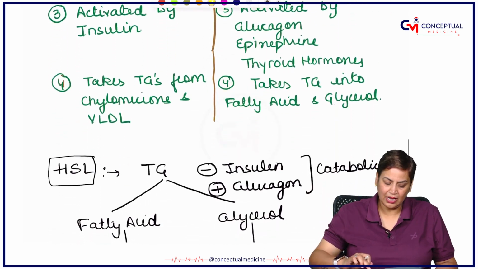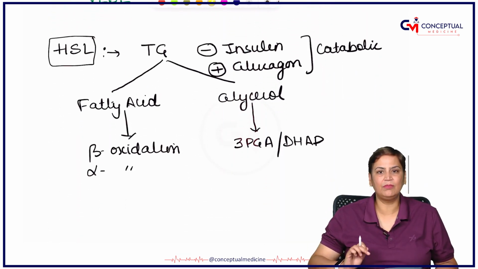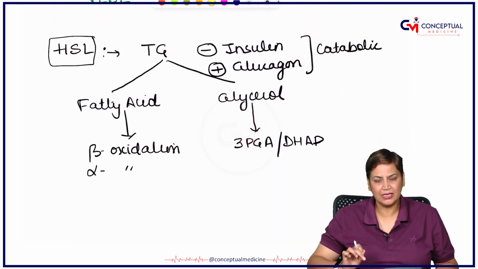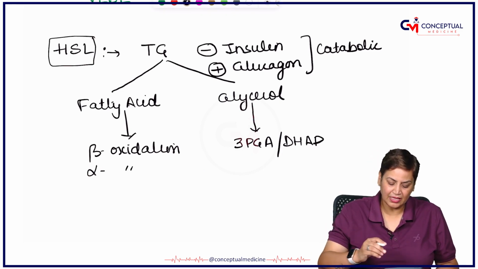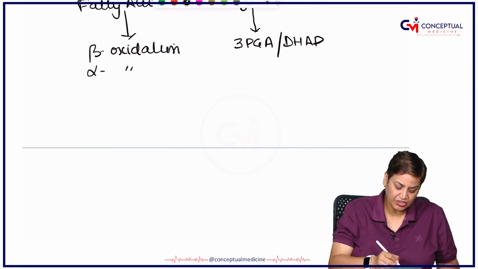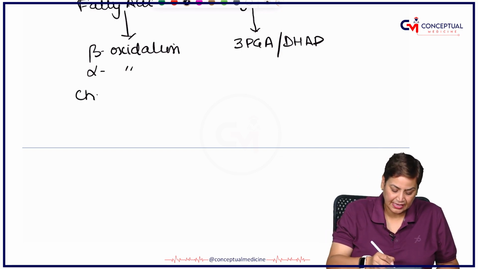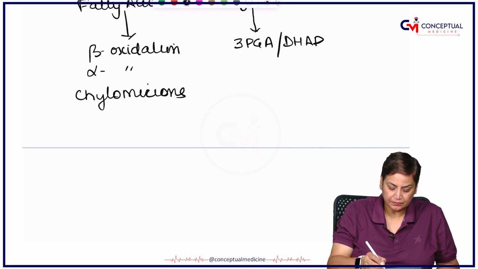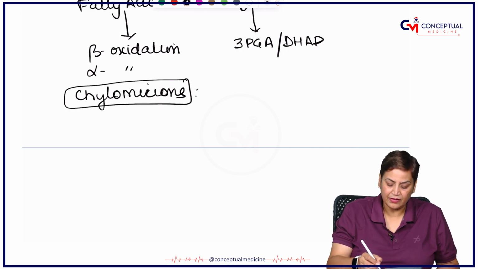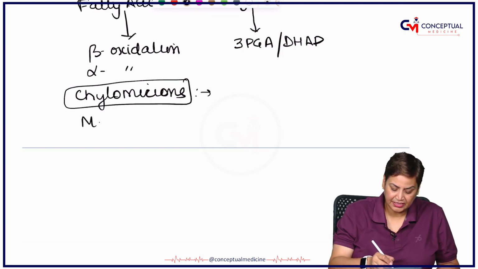So this is all about the metabolism of chylomicrons, and always remember one thing: if we have to differentiate chylomicrons from HDL, the basic difference is that chylomicrons have maximum TGs and least protein content.